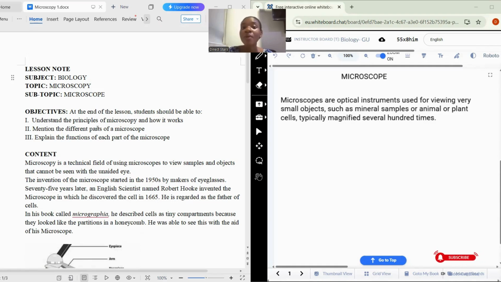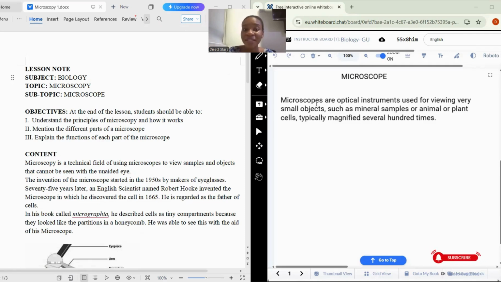But when we talk about microscopes, what are we talking about? Microscopes are optical instruments that are used for viewing very small objects, such as mineral samples or animal or plant cells.